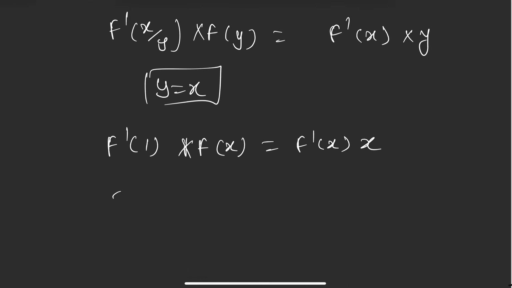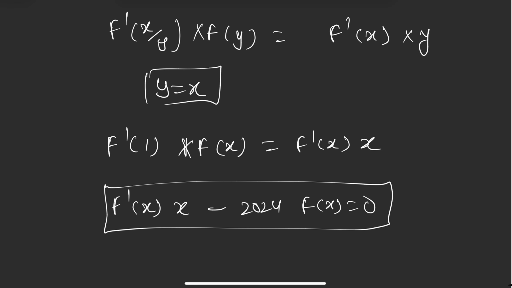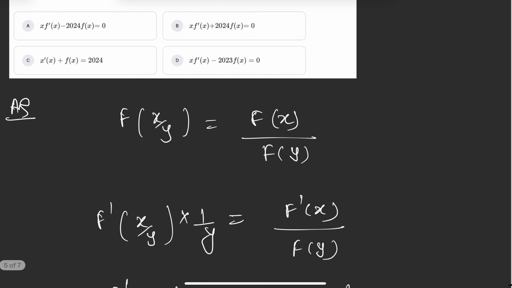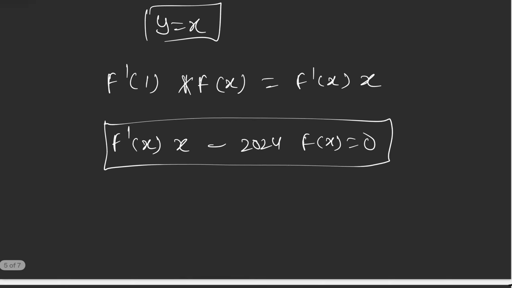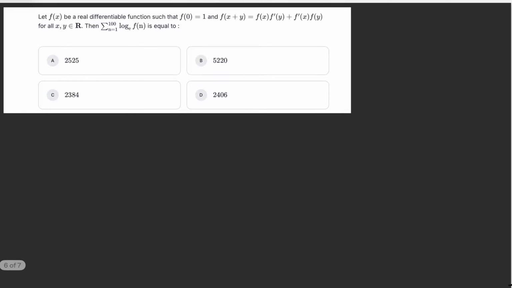So it will come f dash x into x minus 2024 into f of x equals 0. So I think one of the options is this only. f dash x into x minus 2024 into f of x equals 0. A option, that will be our correct answer. Okay. Next question.